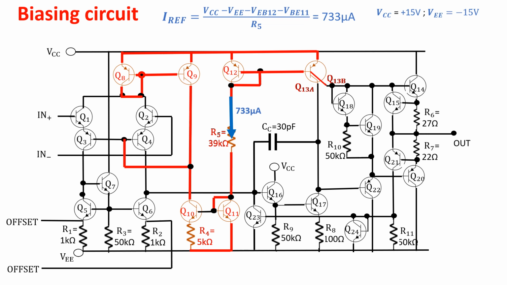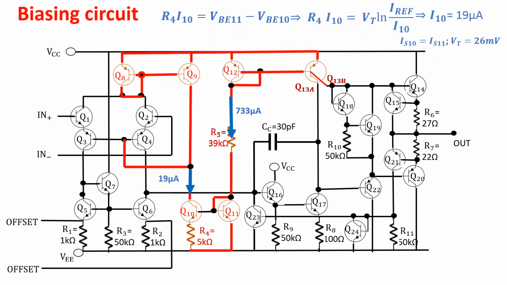The reference current is then mirrored toward the first stage by this Widlar current mirror consisting of Q11, Q10 and R4. The current flowing in Q10 is calculated solving this equation, and it is equal to 19 microamps.